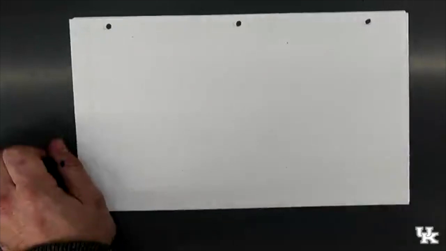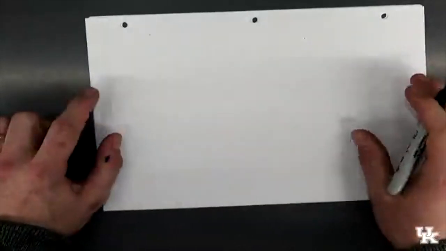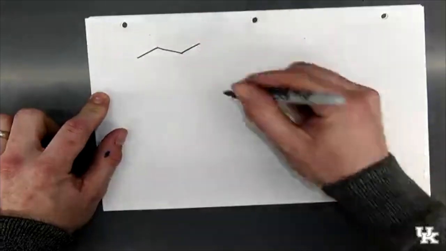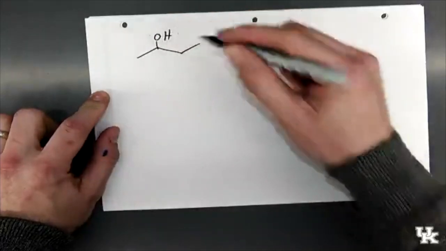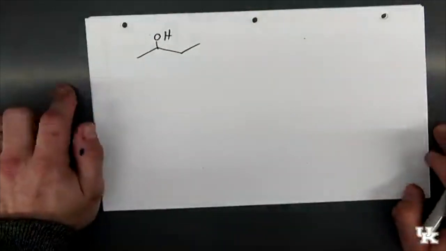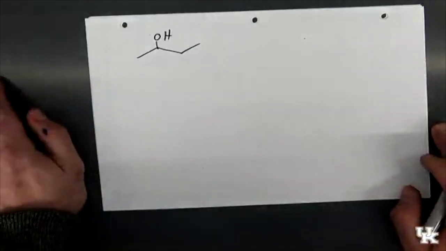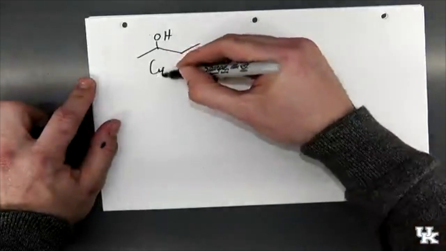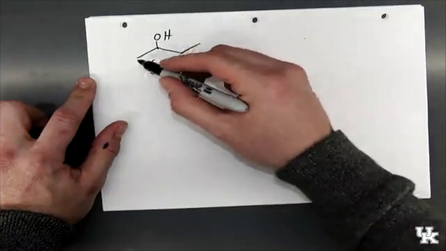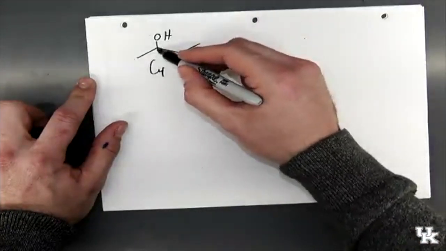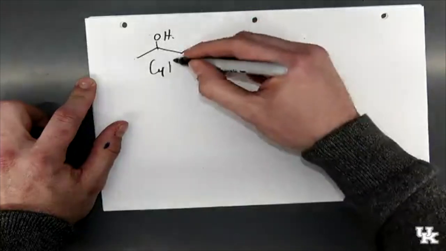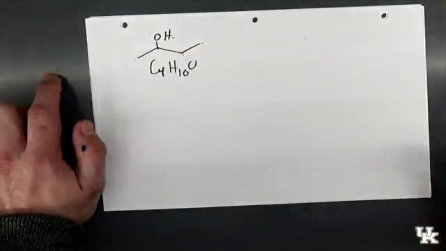So let's say that I gave you a molecule like 2-butanol. So this is 2-butanol without any spatial information. It is C4H10O, right?